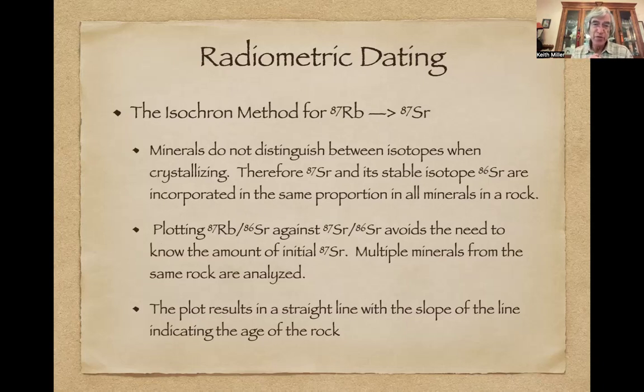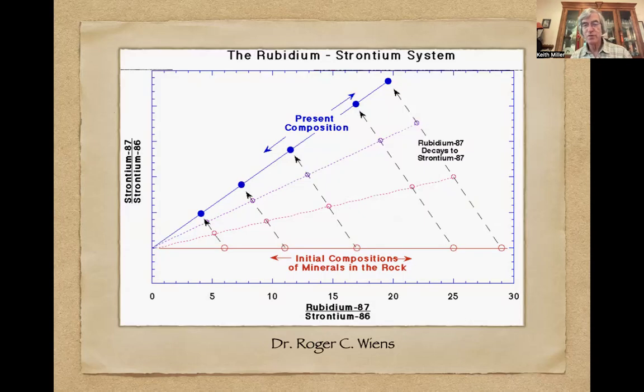So what happens is over time, if you plot the rubidium 87 against the stable strontium, and strontium 87 against strontium 86, the plot results in a straight line. And it turns out the slope of the line indicates the age of the rock. So that's, again, just briefly. The red line at the bottom represents a number of different minerals in the same rock.